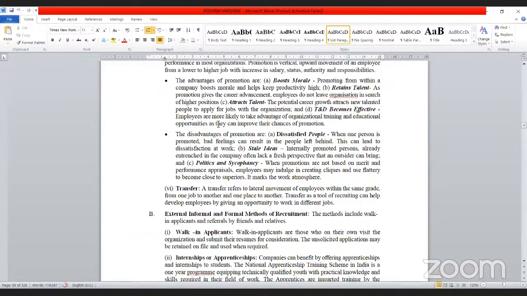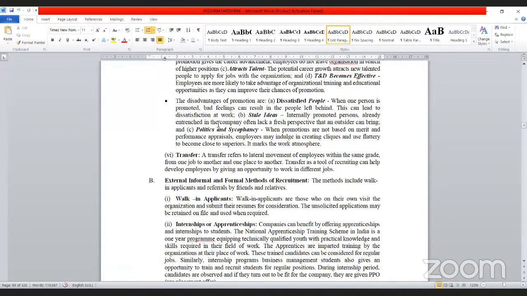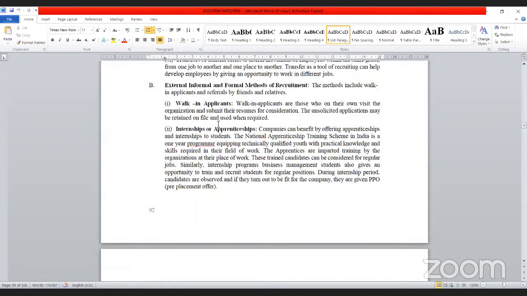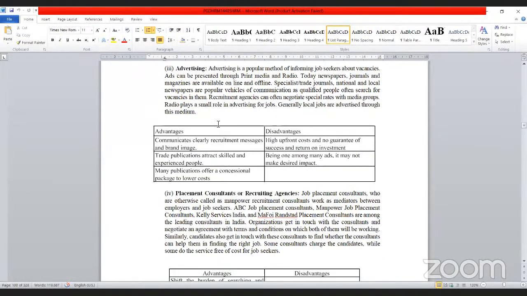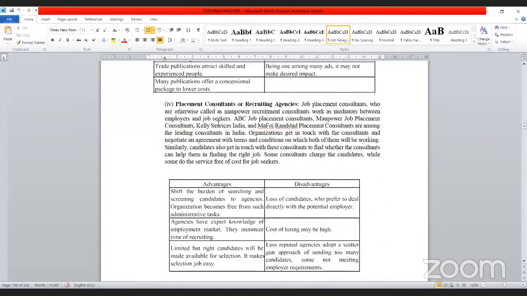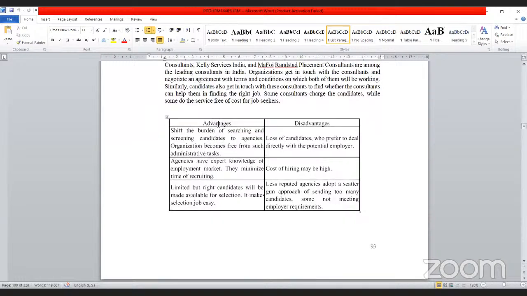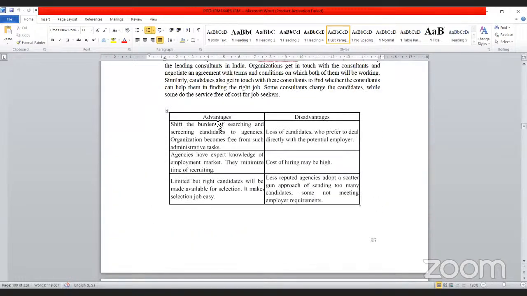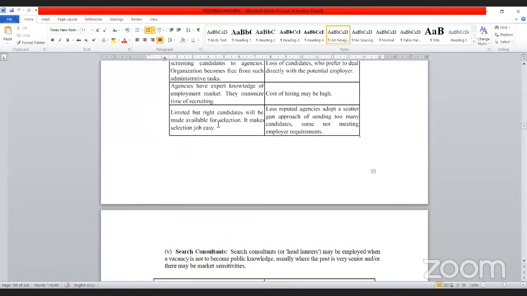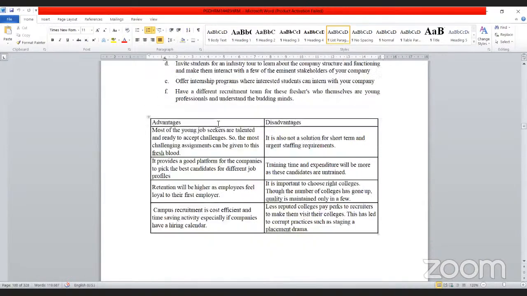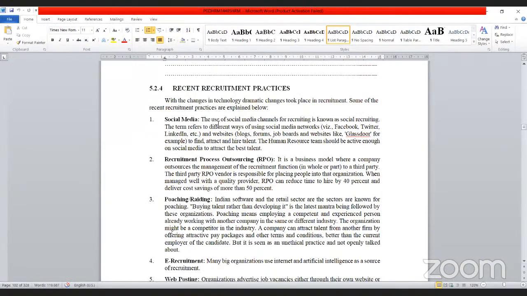There is promoting employees, or deducting employees who are dissatisfied. Vacancies are put up in journals, local newspapers, and advertisements, through placement or recruiting agencies, search consultants, and campus recruitment, all the same thing.